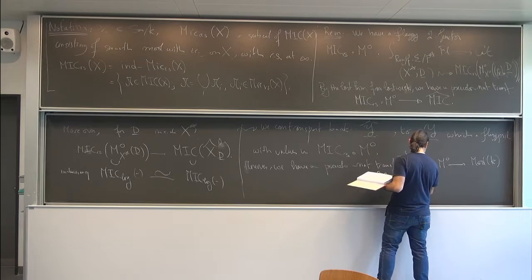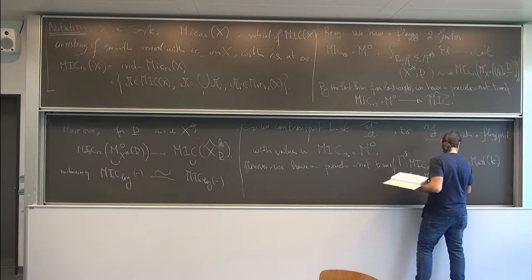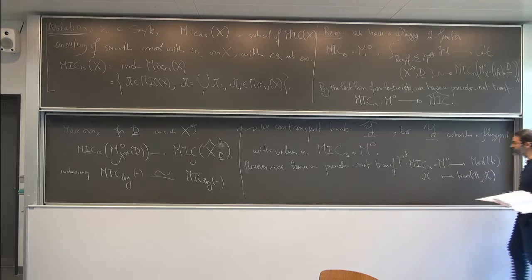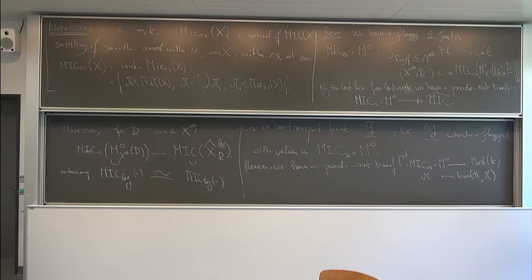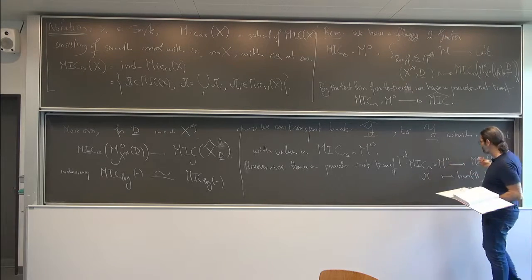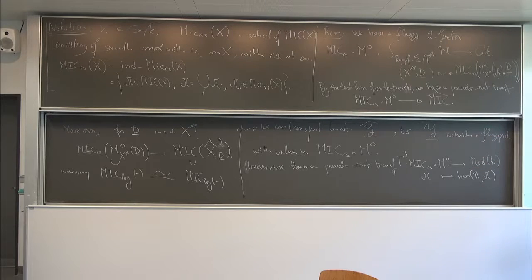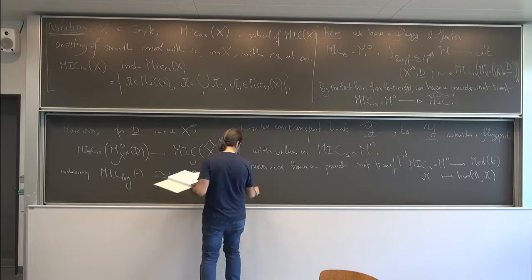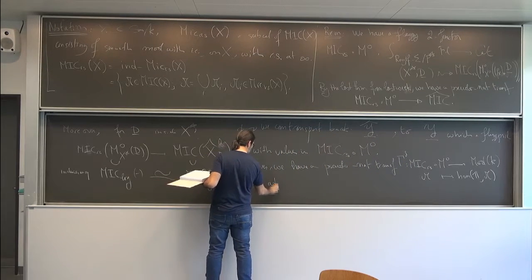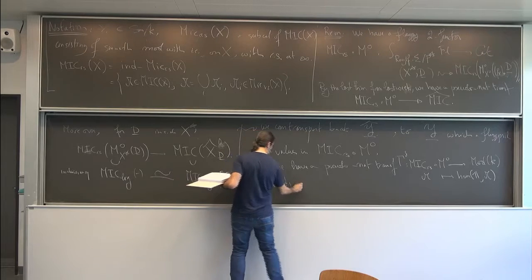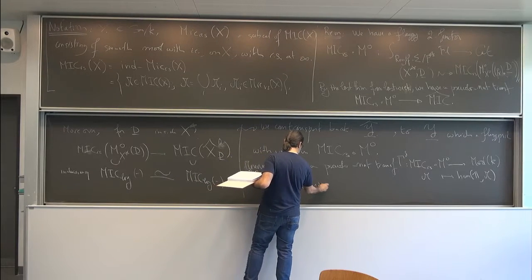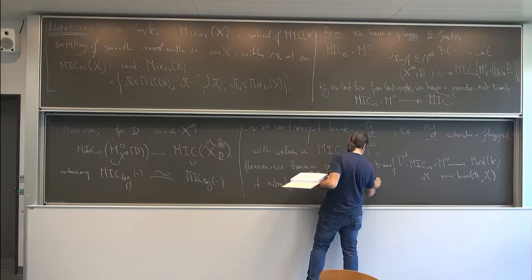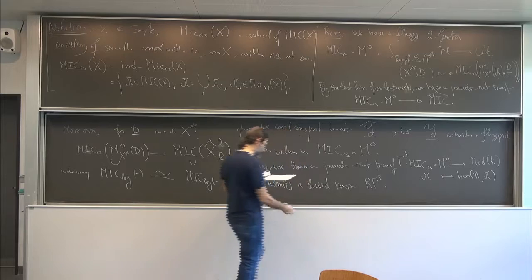What it does, it takes a module and sends it to just morphisms between the unit object and it. So this is like a global section functor. Okay, a global section, and it gives you a natural transformation, and it admits a derived version, R gamma delta, which now goes to complexes of k vector spaces.